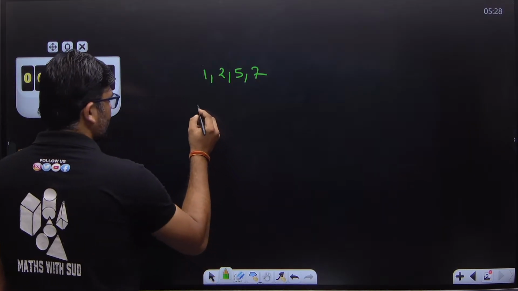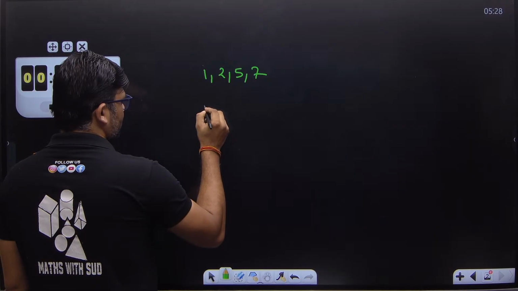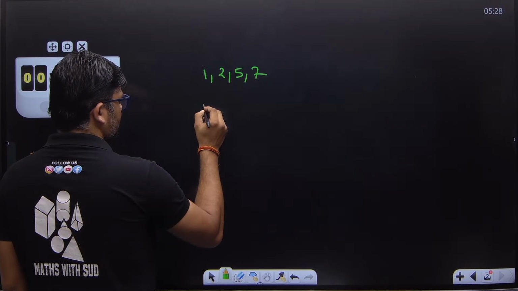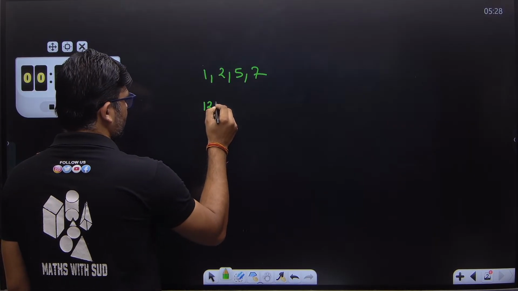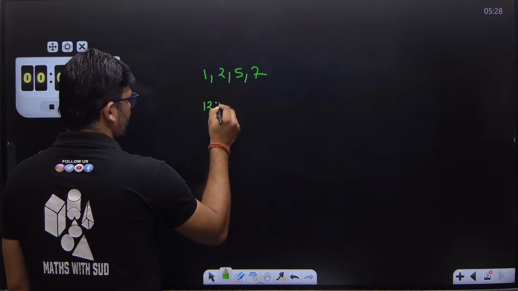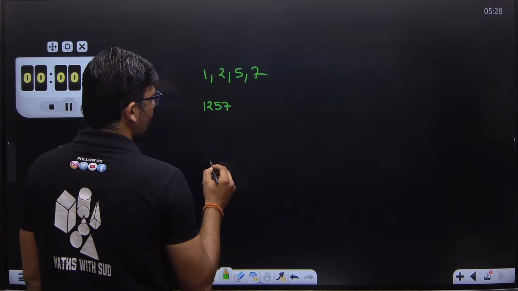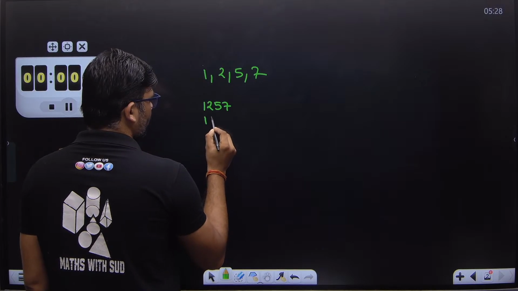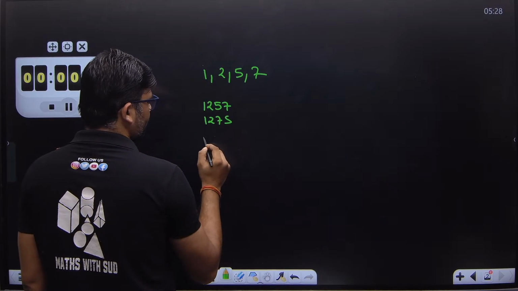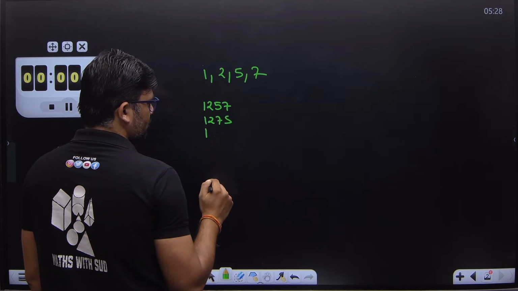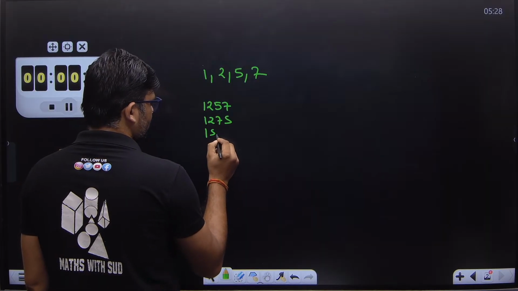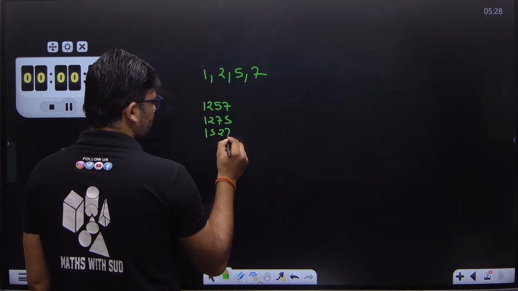You keep saying the number and writing the number. I will also write. 1, 2, 5, 7. Very good. 1, 2, 7, 5. Wonderful. 1, 5, 2, 7.